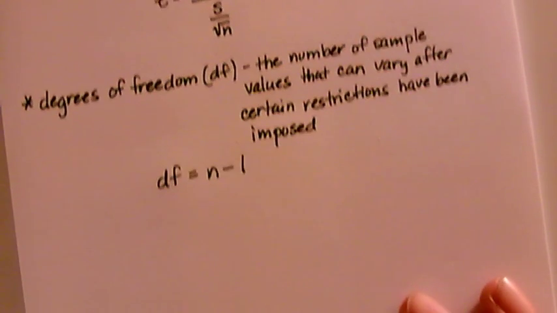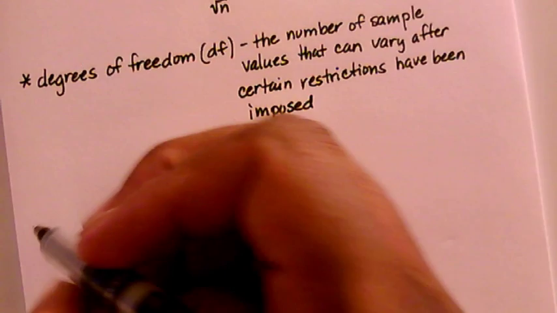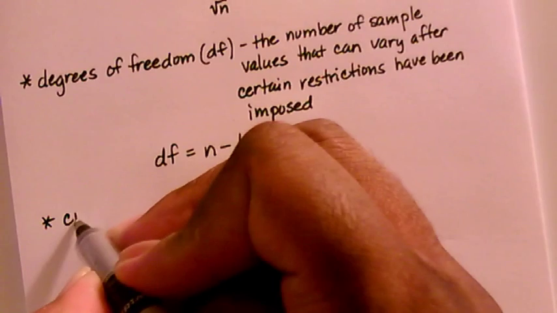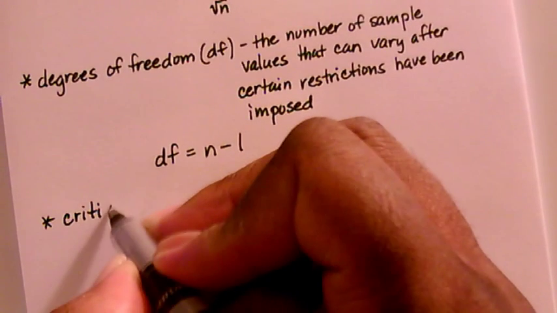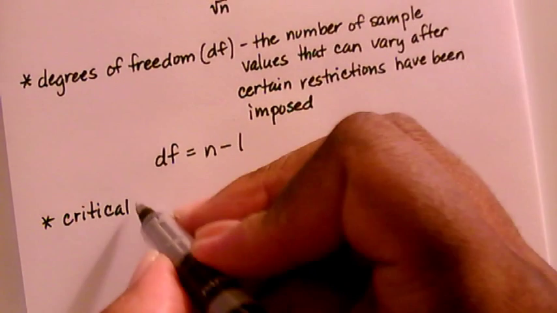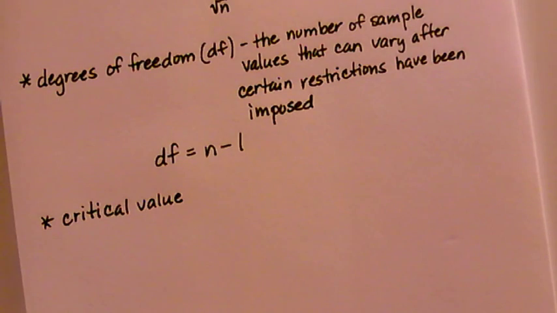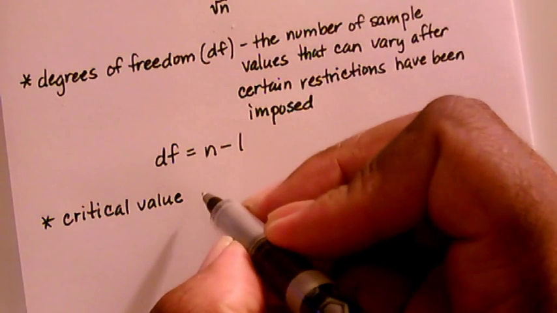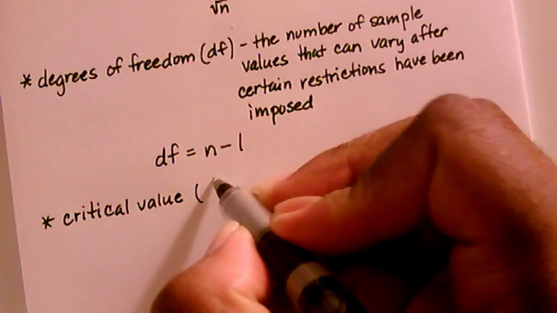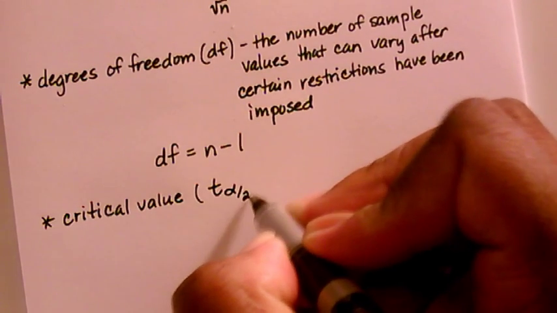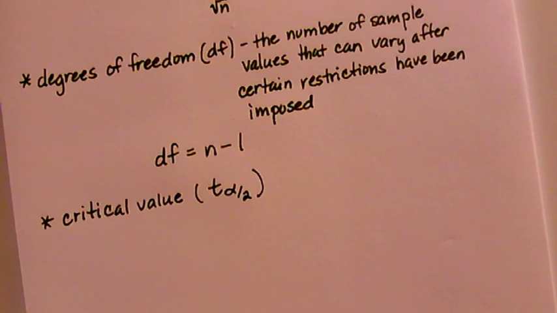Now when we were estimating a population proportion, we also talked about critical value. In that case, the critical value was a z-value for your population proportion. But for a population mean, when sigma is unknown, the critical value is now t sub alpha over 2.